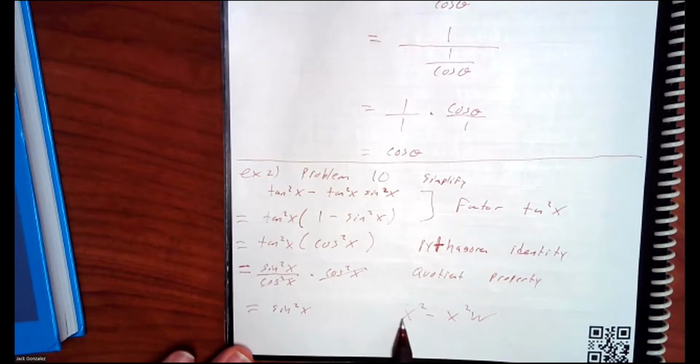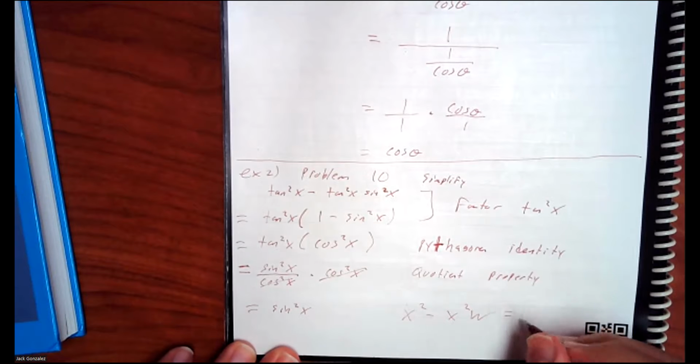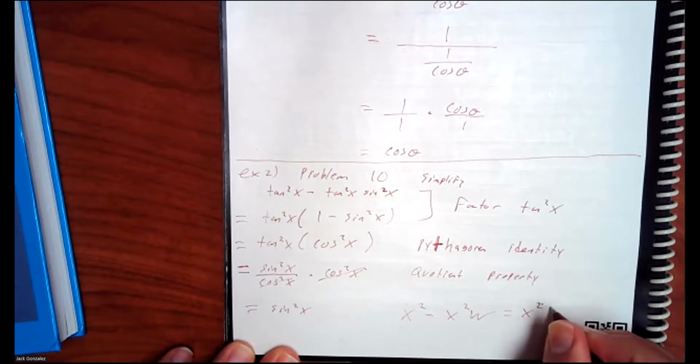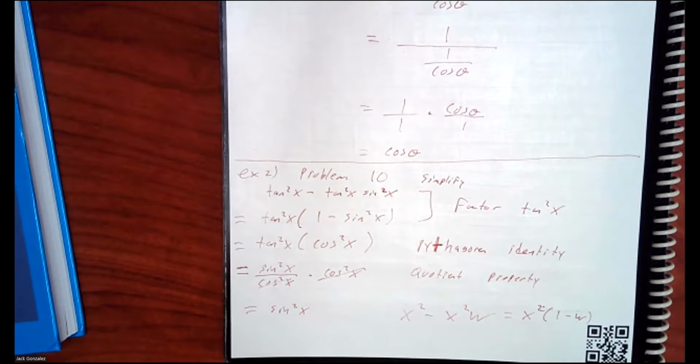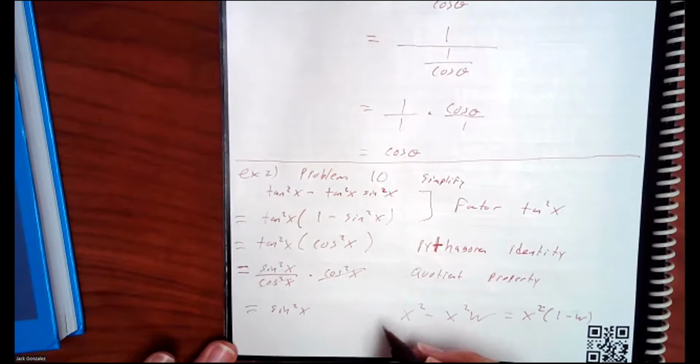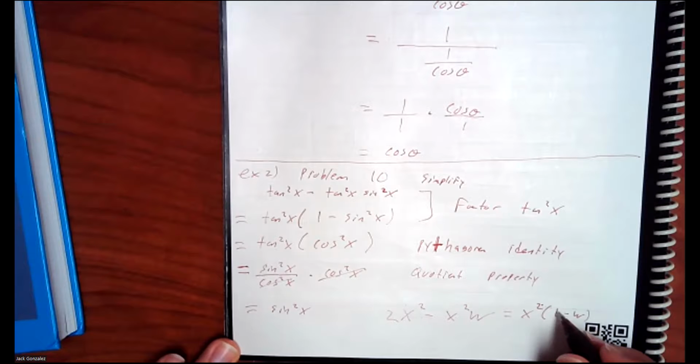You can factor x squared from both, right? And you would get the rest. Does that make sense? You see what I'm saying, or is that weird? Right, they both had it in common. Like if this was a 2x squared, this would be a 2.